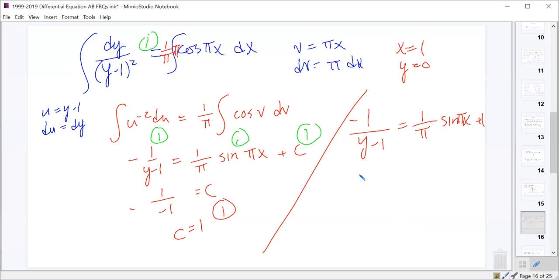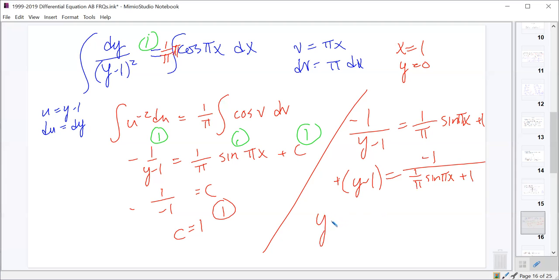So you can take the reciprocal of both sides. So you'll end up with negative (y minus 1) equals 1 over all of this. And then we can get rid of the negative. And then we can just add 1.